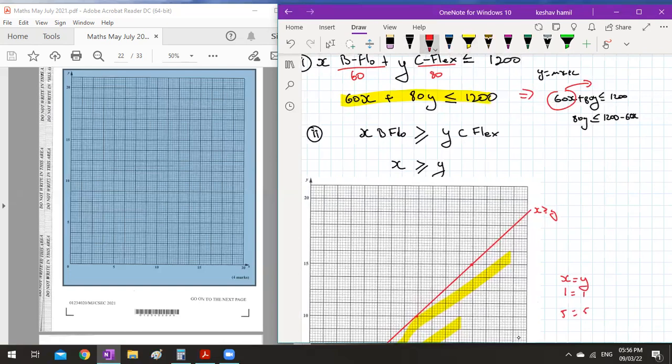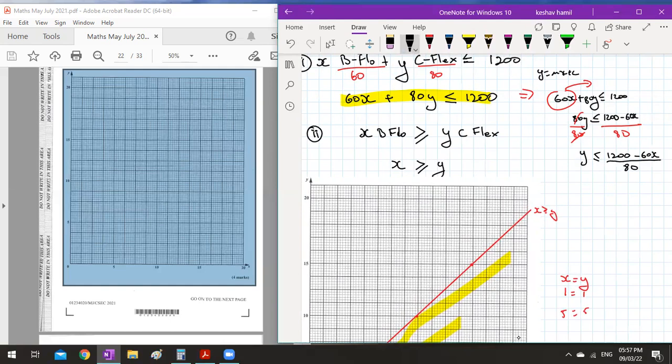We're going to divide by 80. Y is less than or equal to 1200 minus 60x over 80.